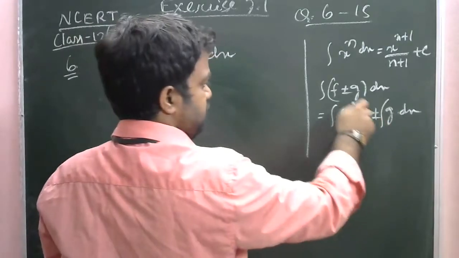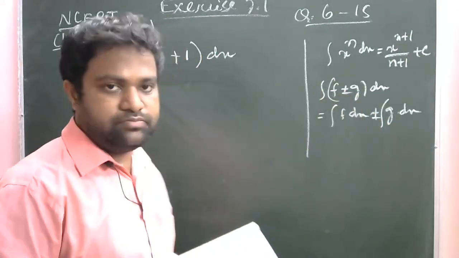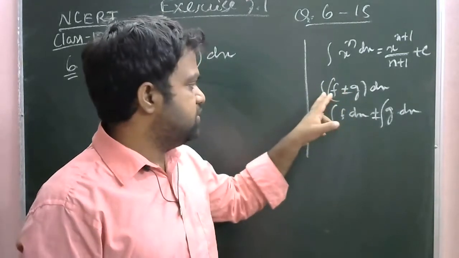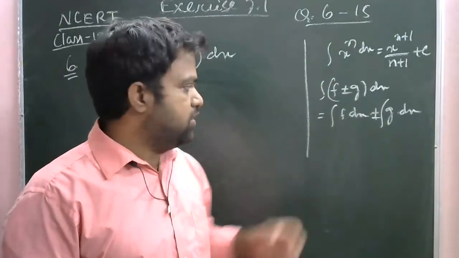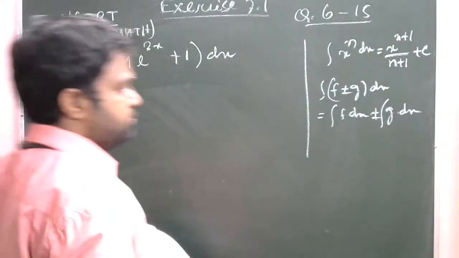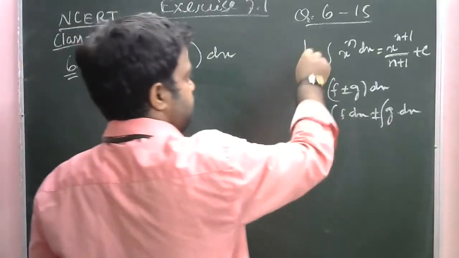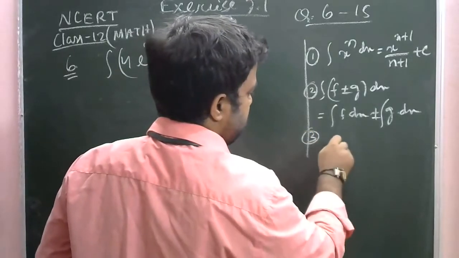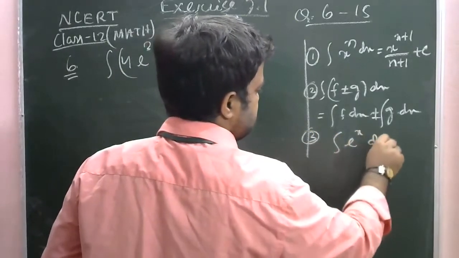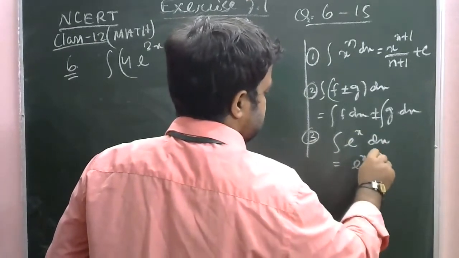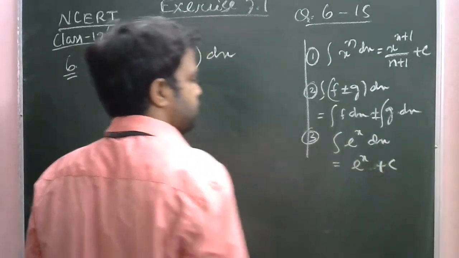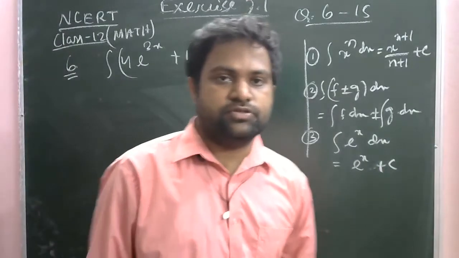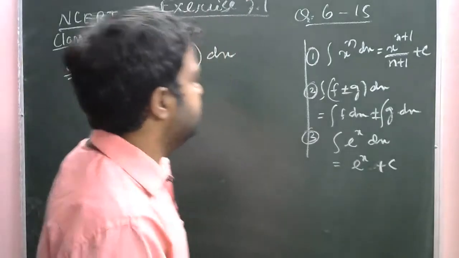Okay, means if we are calculating the integration and two functions are there, either a sum or difference, then we will find their integrations individually. Other formulas, I hope most of you remember, because most of the questions here will be solved by using the formula. Like integration of e to the power x dx is e to the power x plus c. Okay. So I have written three basic formulas, which we'll use in most of the cases in these questions.